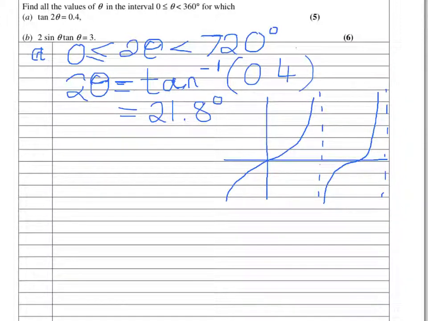I know that from this working here that 2 theta equals 21.8 degrees. And basically this line represents 2 theta. So that's approximately 21.8. And then this asymptote is 90. The next asymptote is 270.